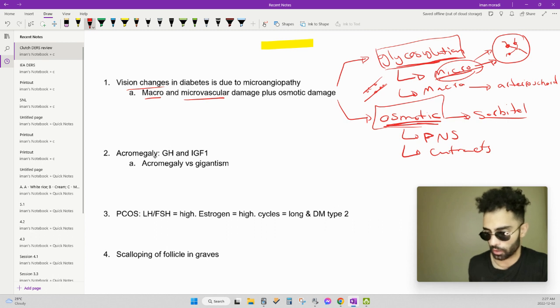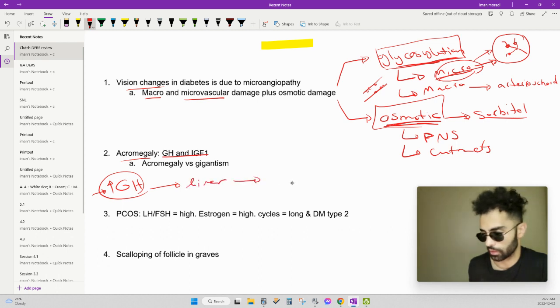The second concept I want to talk about is acromegaly. So basically, the problem with acromegaly is that you have high growth hormone, because the growth hormone releasing peptide from the hypothalamus is high, so your pituitary is producing high growth hormone, and then this goes to the liver and leads to production of IGF-1, right?